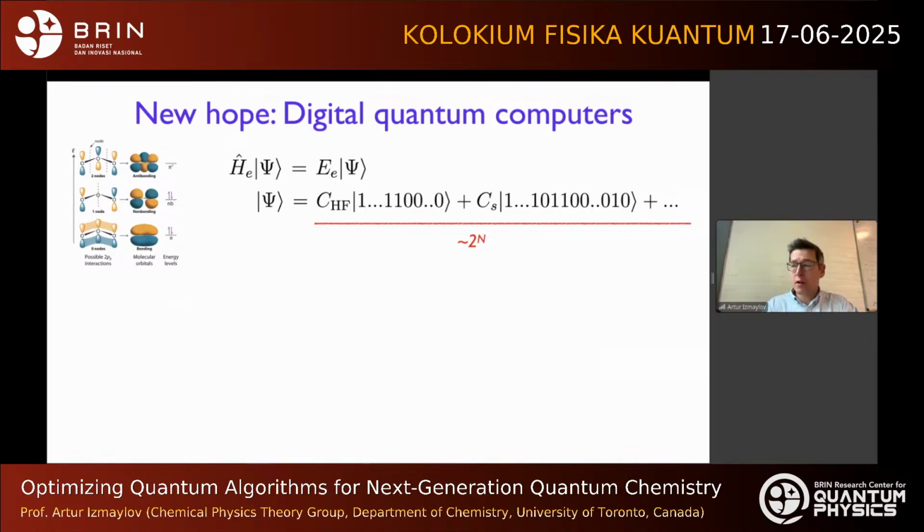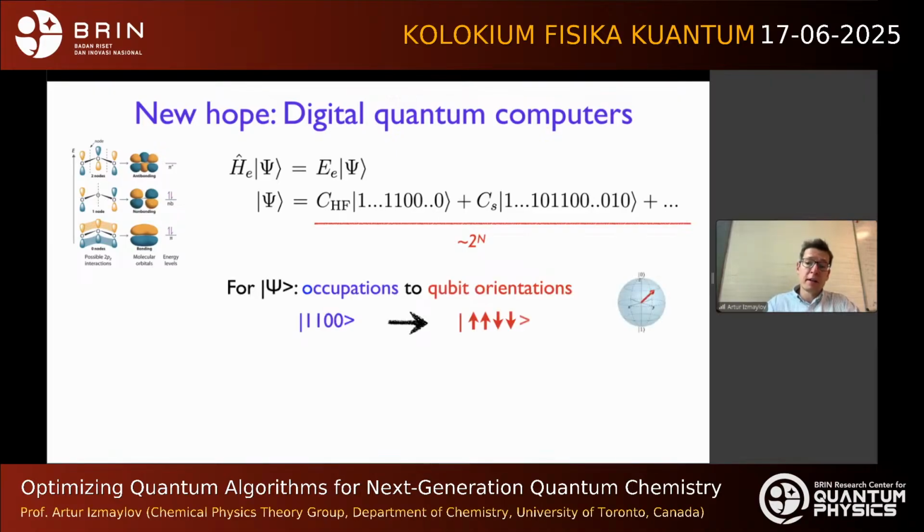Slater determinants could be written essentially as strings of zeros and ones, because zeros correspond to unoccupied spin orbitals, and ones correspond to the occupied ones. If you have n electrons and some number of orbitals, then the number of these products scales exponentially, roughly. So this is a difficult problem to solve.